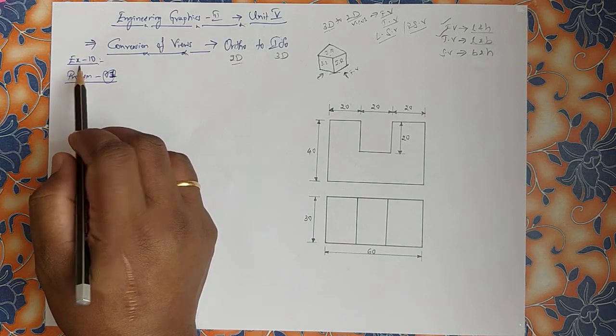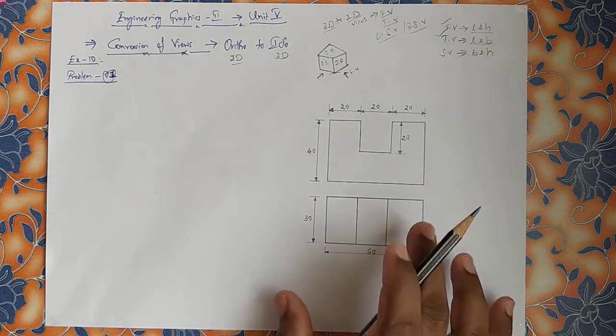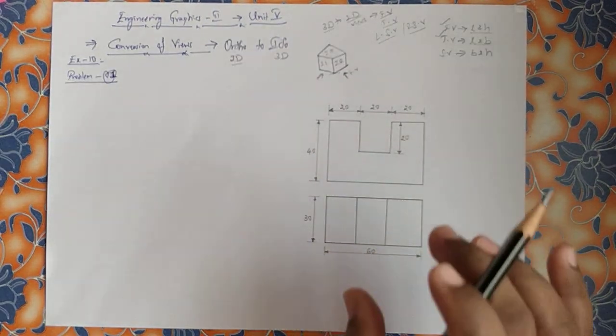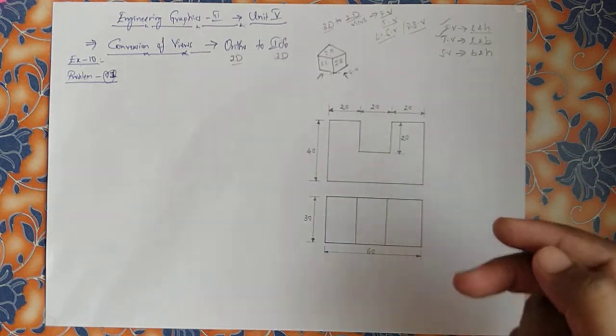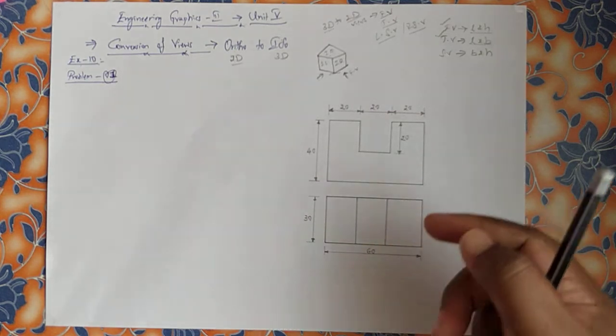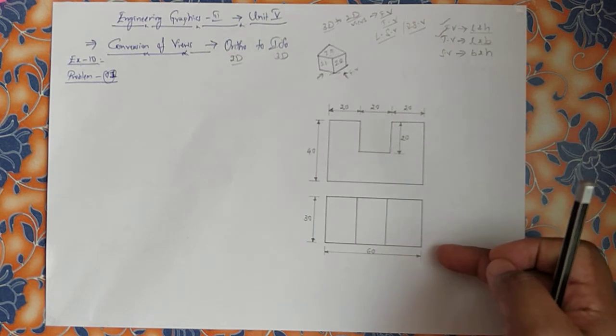Now exercise number 10, the last exercise, probably problem number 1. This is the question figure which you can observe. This will be the question figure given in your examination paper. From the knowledge of the orthographic projection concept you can clearly understand that these are two views, front view and top view.